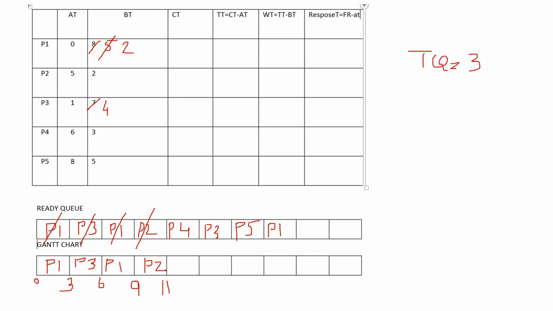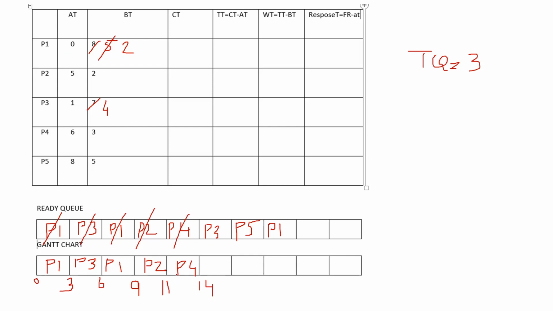Now next I am taking P4. You write P4 here. What is the time? 11 plus 3, it is coming 14, right? P4 I have taken and here it is P4, 14. Now I don't want to see the arrival time, because all the processes are already in the ready queue.